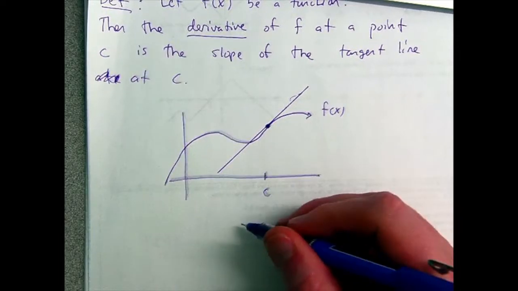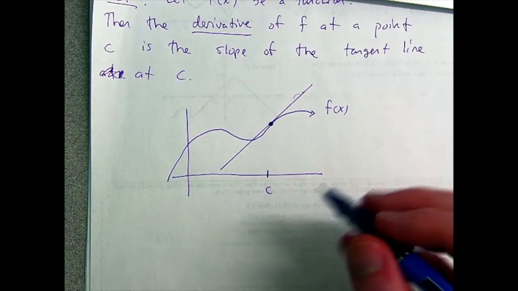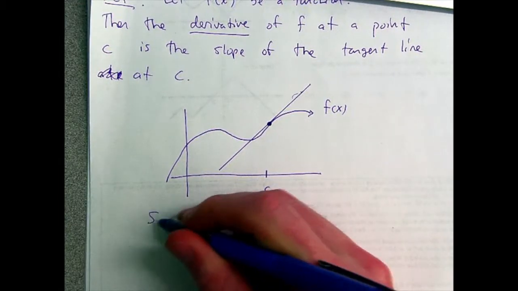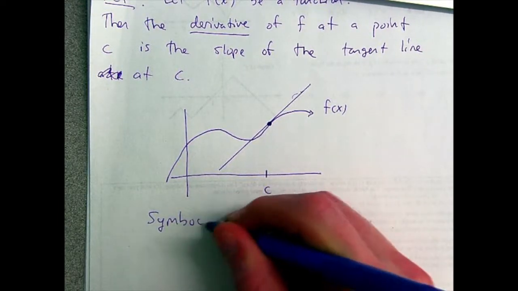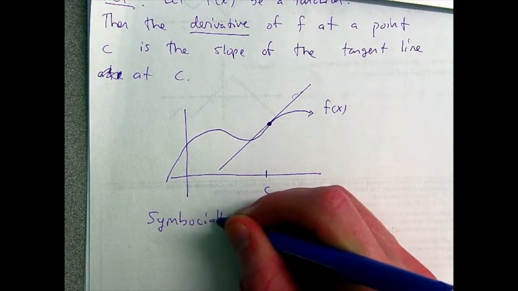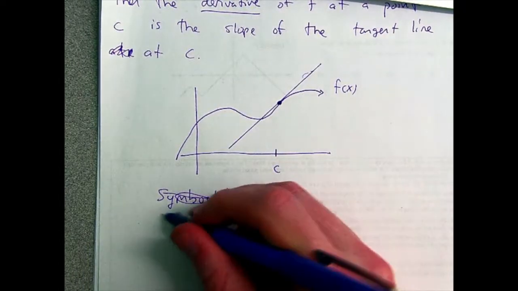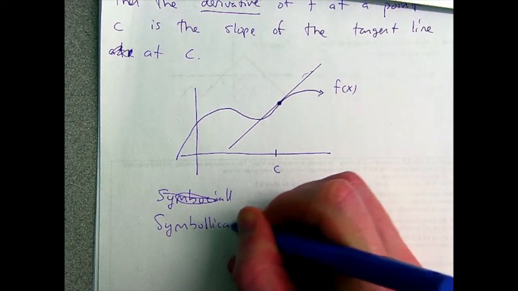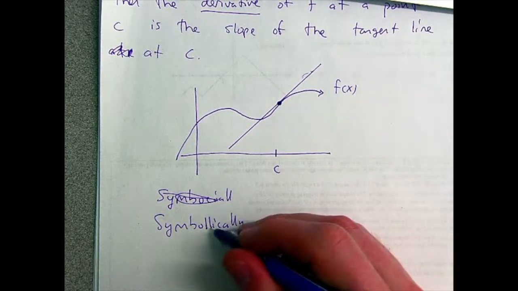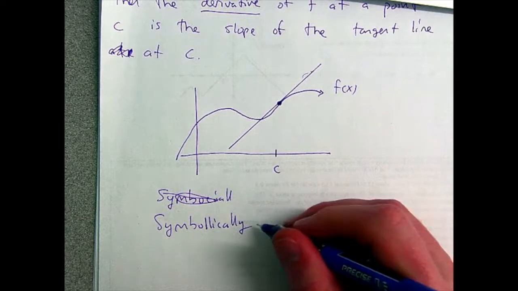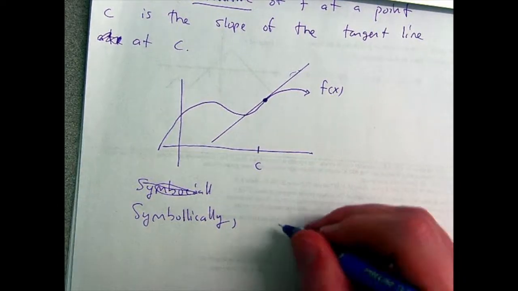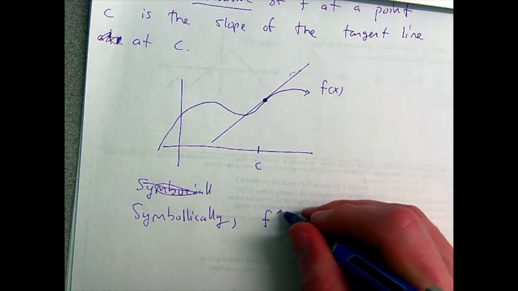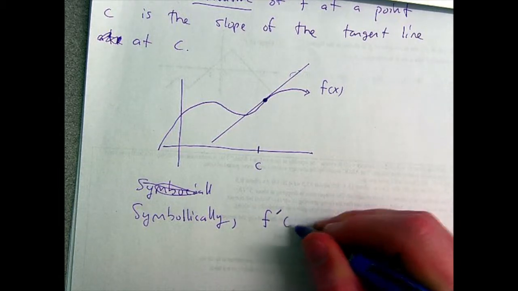Notationally, the derivative of f at c is represented by the following symbol. Symbolically, we denote the derivative at c as f with this little apostrophe, of c.